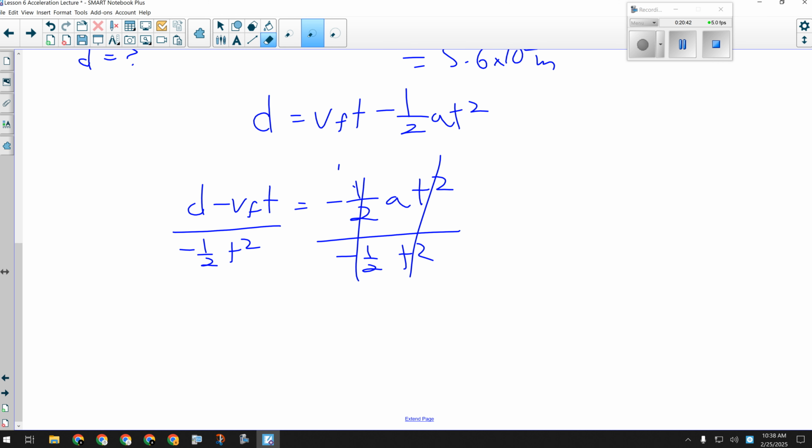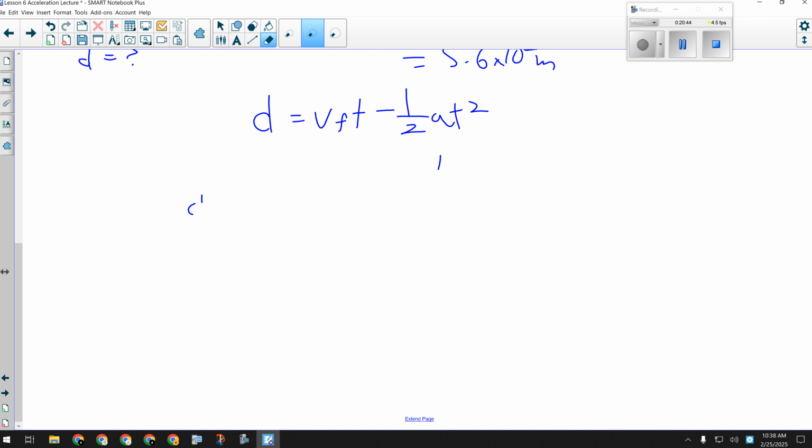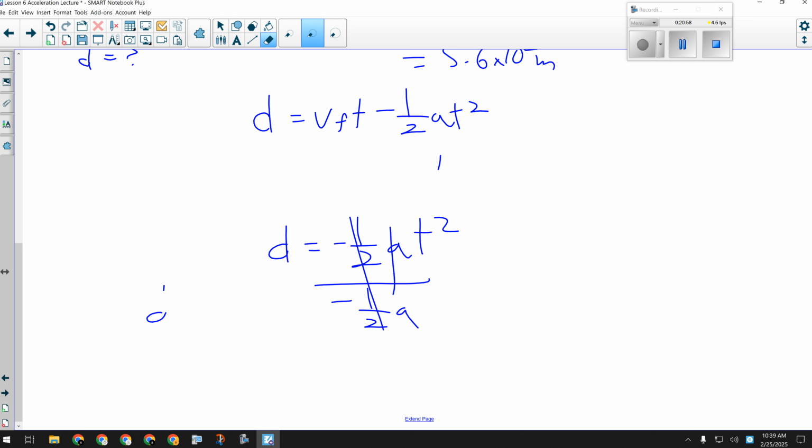Now, if you're being asked to solve for T when VF is 0, this formula essentially comes out to this: D equals negative 1/2 AT squared. So when I'm solving for T, I've got to divide negative 1/2 of A over to the other side. So I'll have D over negative 1/2 of A equals, and then I'd have to square root that.